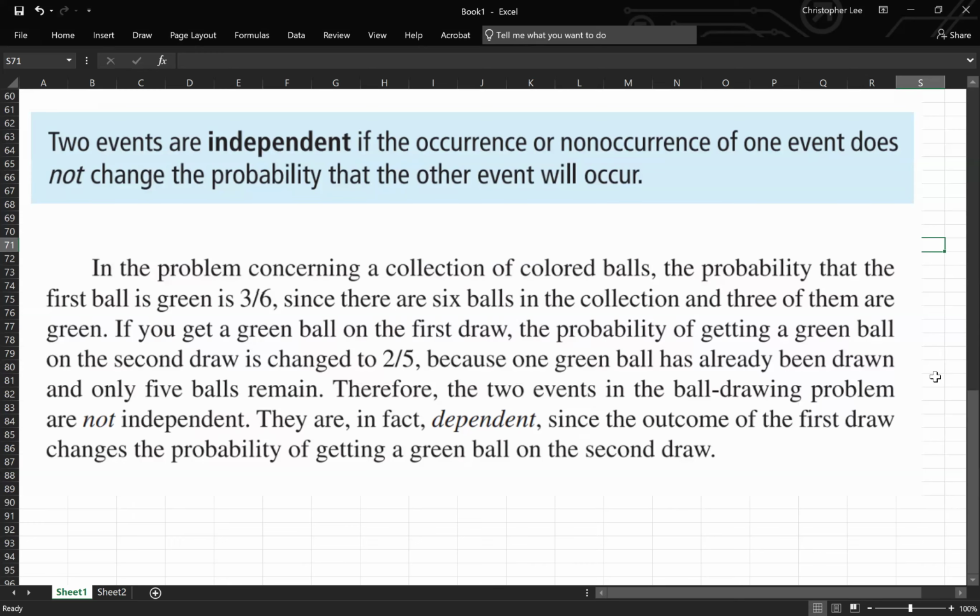Because one green ball has already been drawn and only 5 balls remain, therefore, the two events in the ball drawing problem are not independent. They are, in fact, dependent since the outcome of the first draw changes the probability of getting a green ball on the second draw, right?